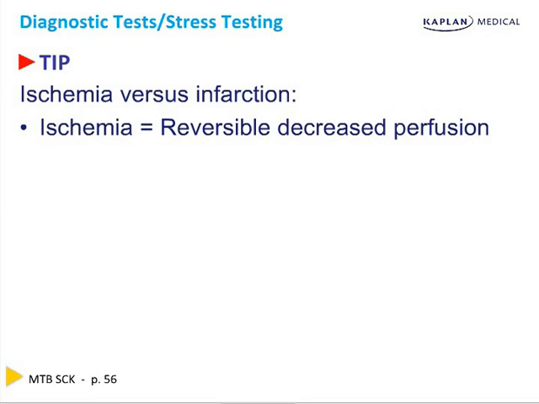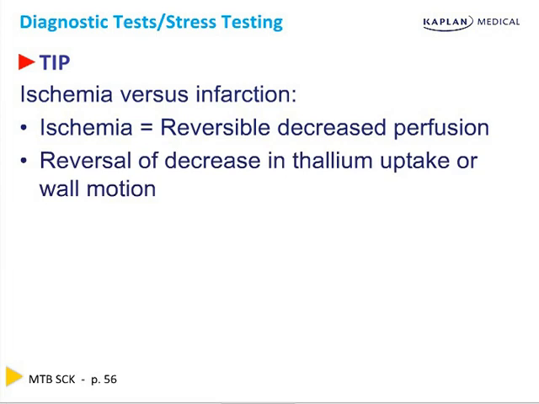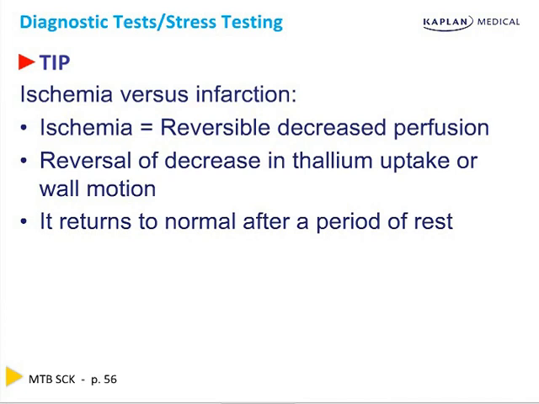The perfusion defect on nuclear will reverse. Eventually, it will pick it up. The wall motion abnormality will reverse. If it's ischemic, insufficient perfusion, eventually it will start to move again. It will return to normal after the rest period.